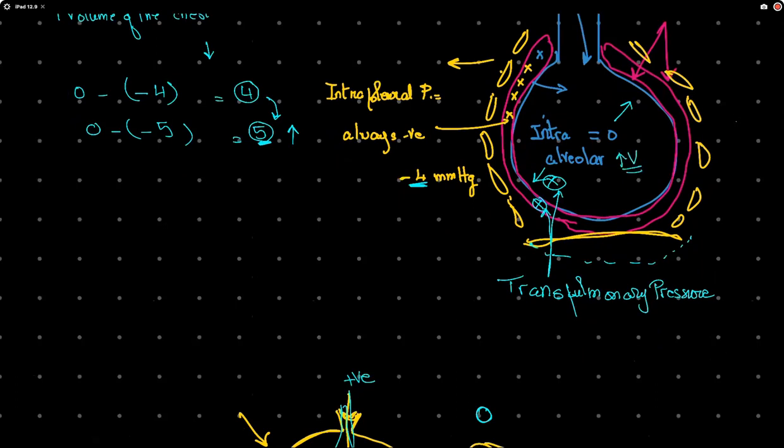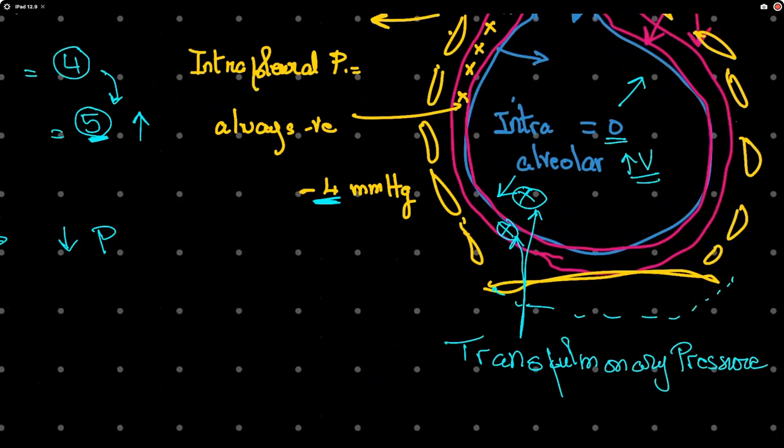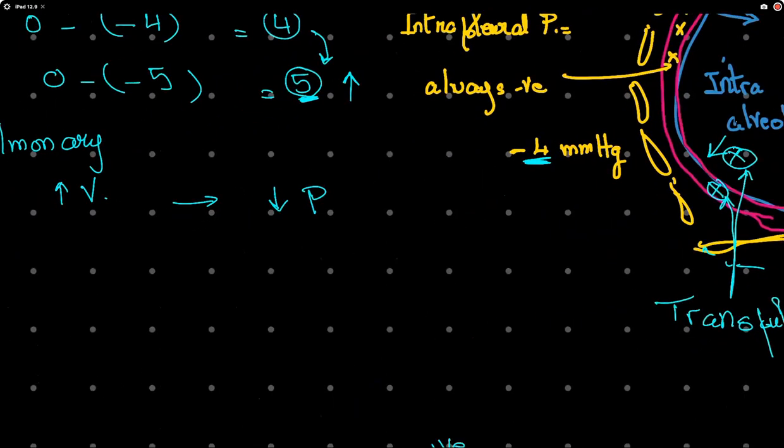And when I have an increase in the volume of the lungs, what's going to happen to the pressure inside? When I have an increase in the volume, the pressure drops. And what was the intra-alveolar pressure, or pulmonary pressure? It is 0. So when it drops, it becomes -1.